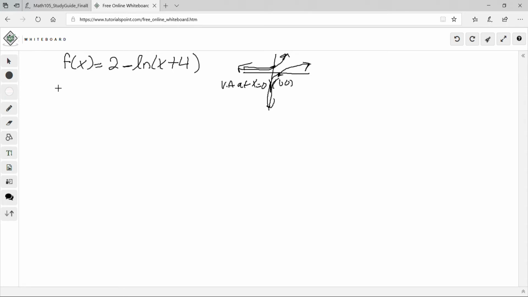So okay, first step is I'm going to rewrite this as negative ln of x plus 4 plus 2. So this negative means there's a reflection on the x-axis, and then this x plus 4 means there's a horizontal shift.